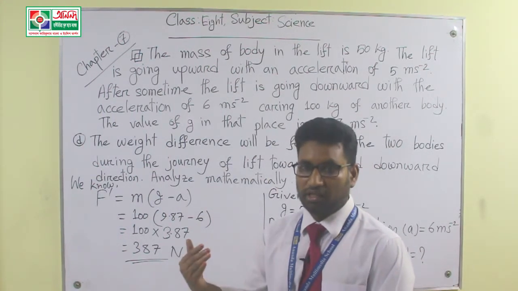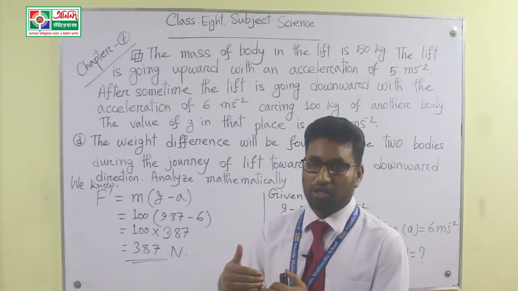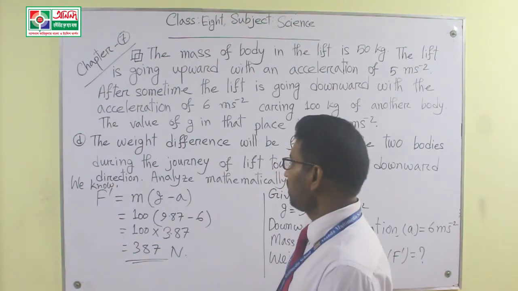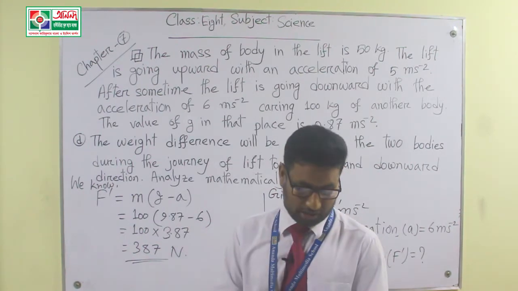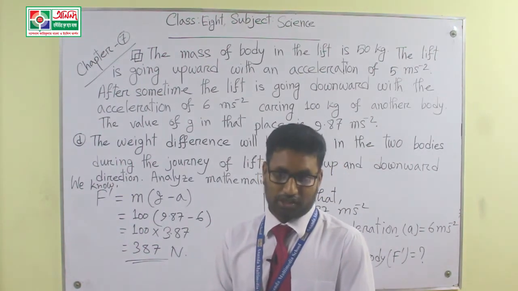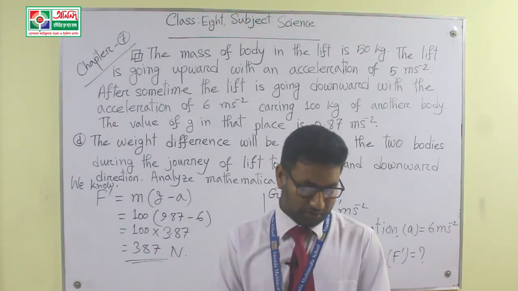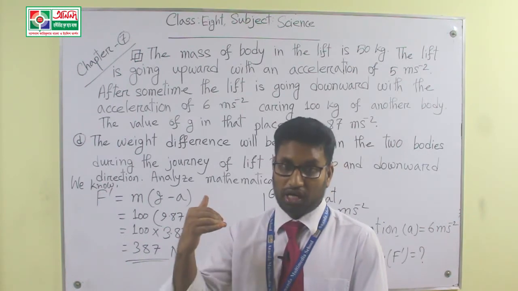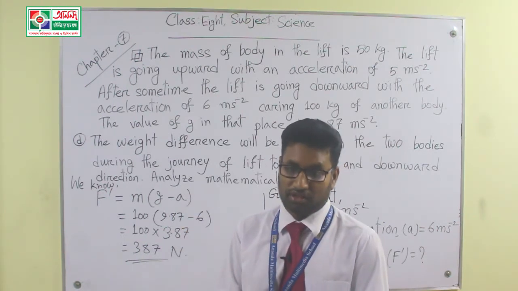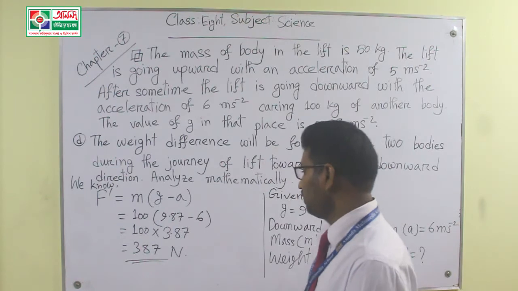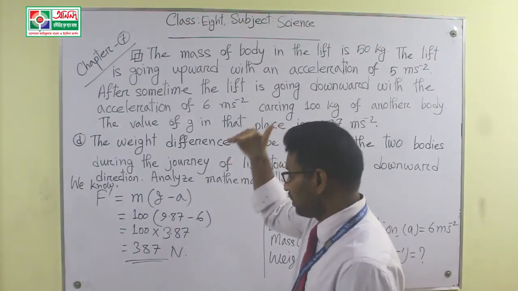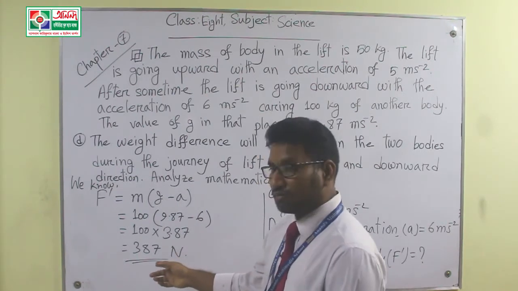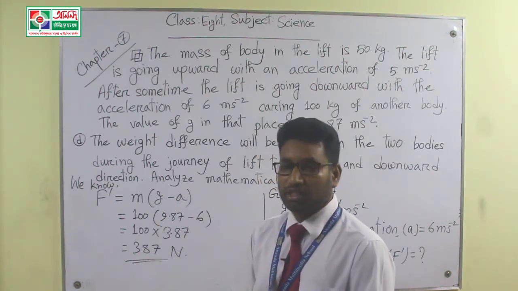In the first step, when the lift is going upward, we have got 743.5 Newton. And when the lift is going downward, the weight of the body we have got is 387 Newton.